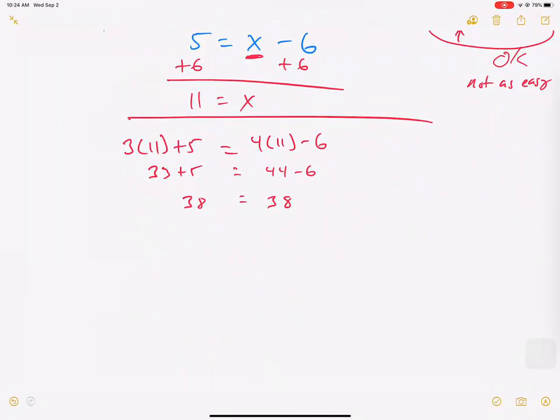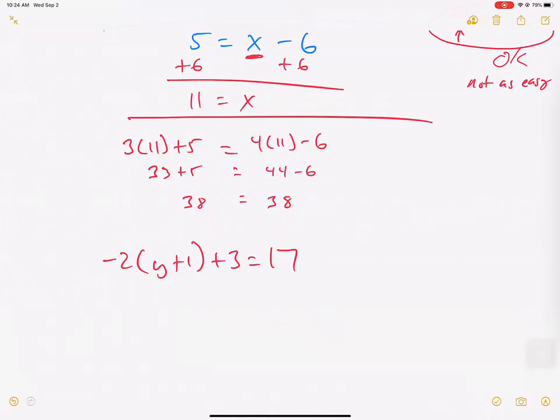Okay, here's another problem. Negative 2 times (y plus 1) plus 3 is equal to 17. Same question here: would I get rid of the 2 or the 3 first?